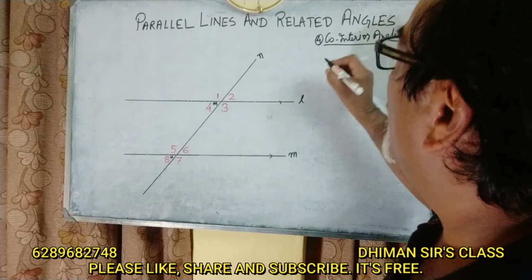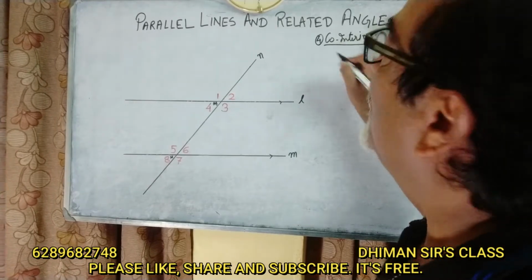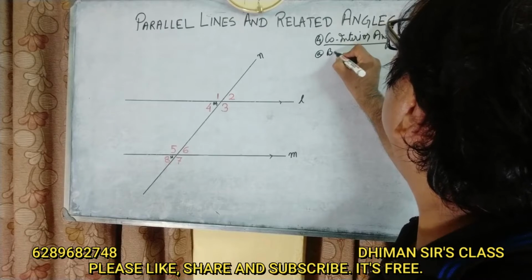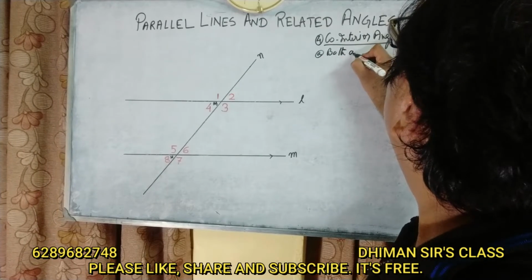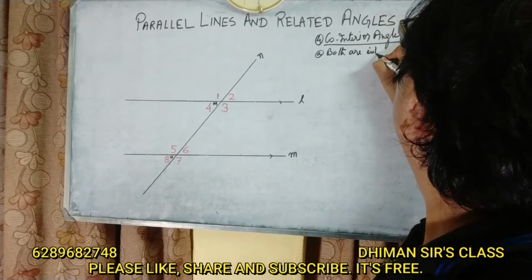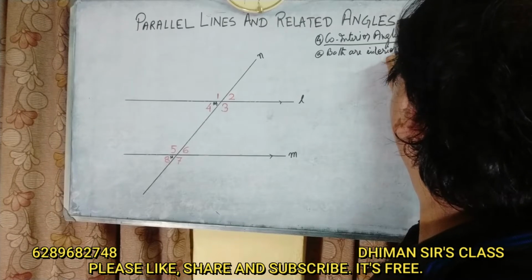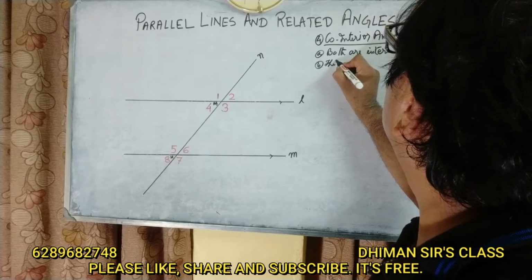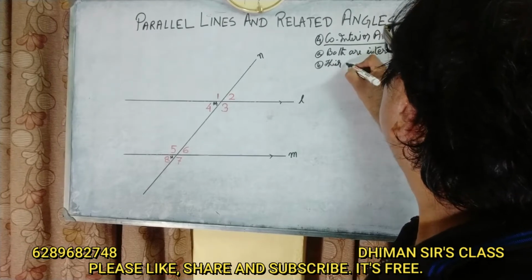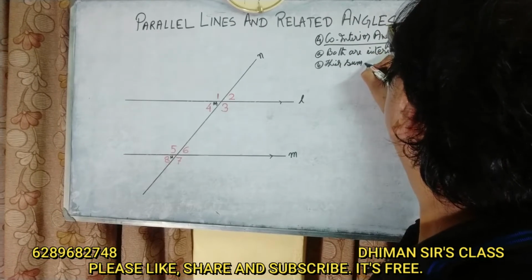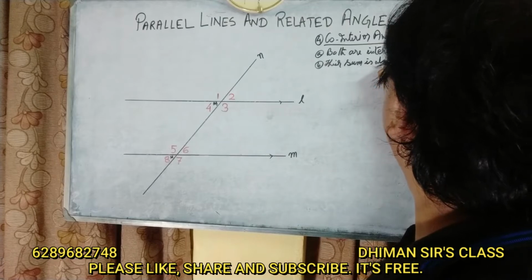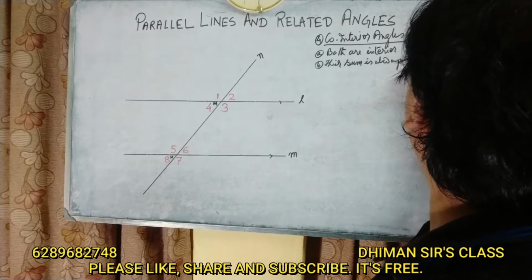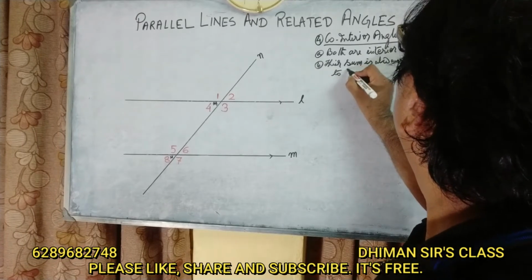Their property, only one we can say, or two we can say, as the name says: A, both are interior. B, their sum is always equal to 180.